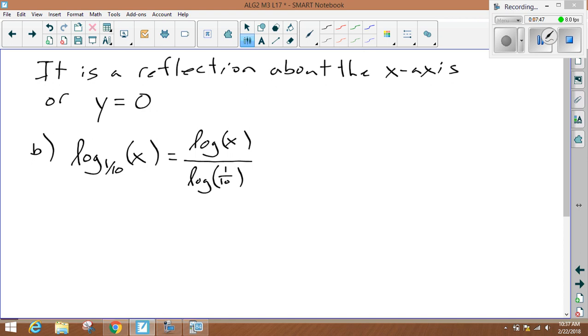If we use our properties of logarithms, we can write that denominator as log base 10 of 1 minus log base 10 of 10. Right?